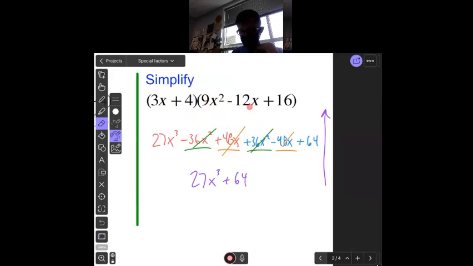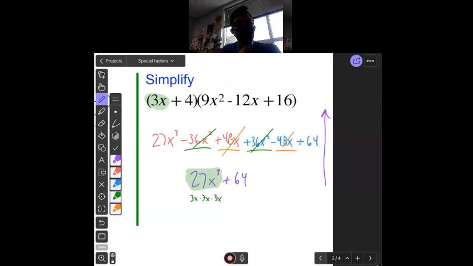That's all based off of a pattern. Okay. And what it comes down to is that there's a special relationship here to here. Right? That 27x cubed is 3x times 3x times 3x. So I'm not square rooting, I'm cube rooting.